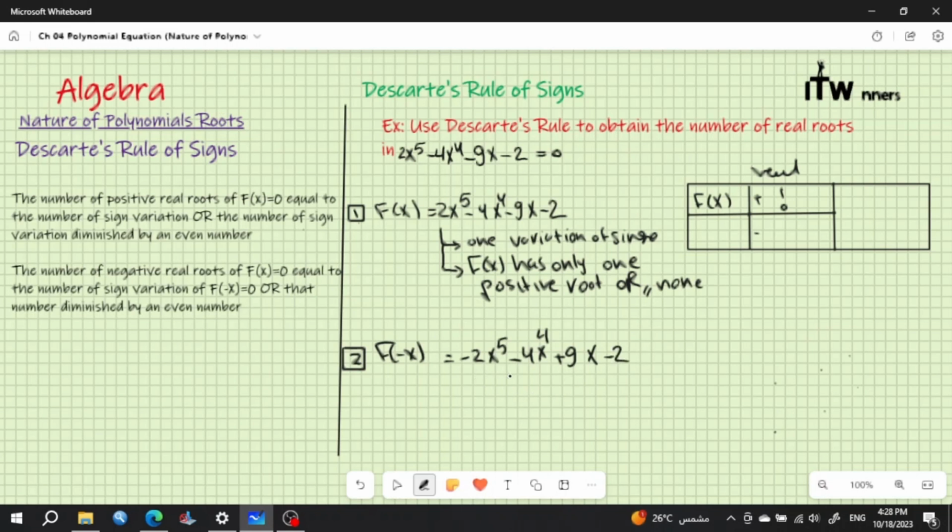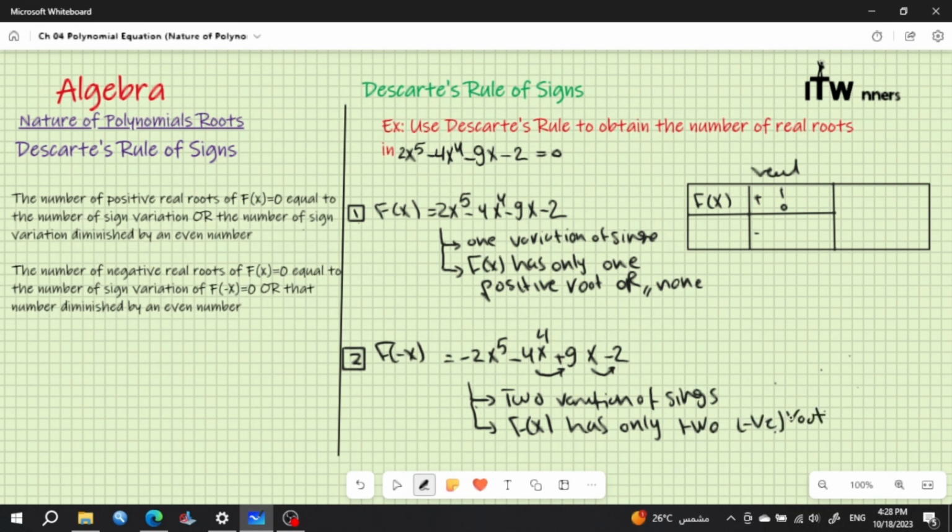So we have two variations of signs in f of negative x, then f of x has only two negative roots or has no negative roots.